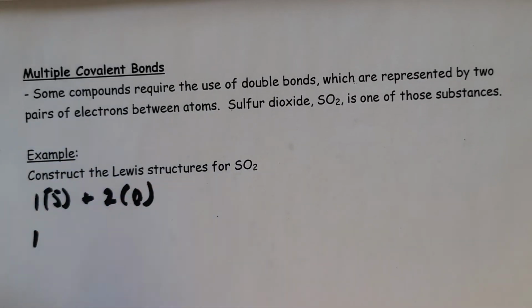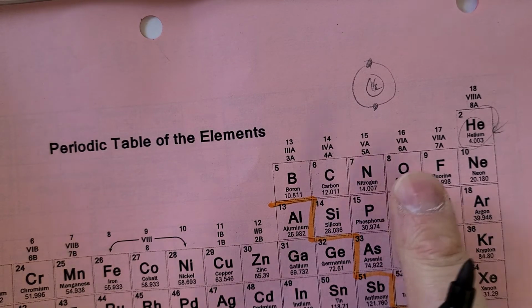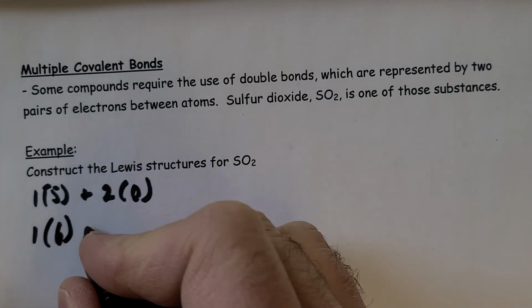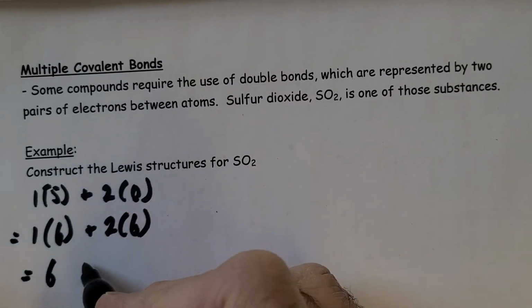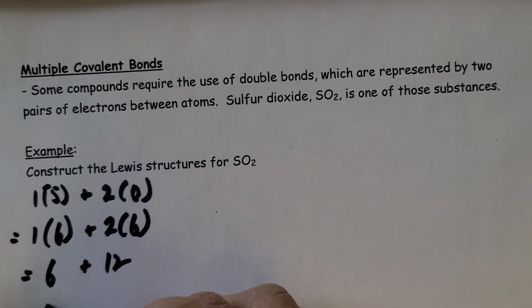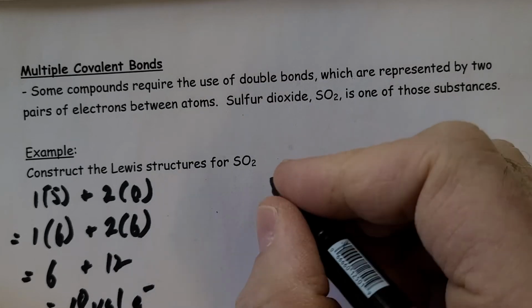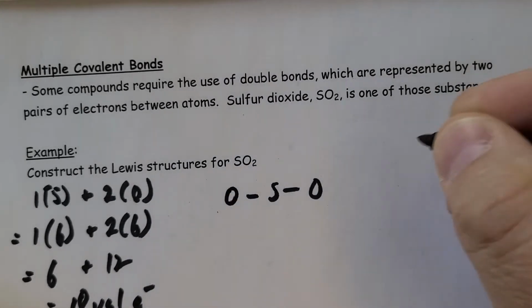Sulfur and oxygen are in the same group, 6 electrons. So 6, 6. 2 times 6 is 12. So that's a total of 18 valence electrons. So I have 1 S and 2 oxygens, so we can treat it like I'm going to have S in the middle and the 2 oxygens on the outside.